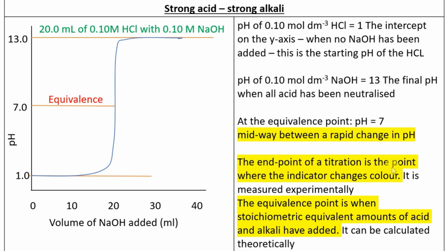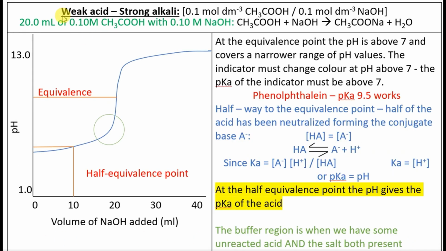The endpoint of a titration is the point where the indicator changes color, and it's measured experimentally. The equivalence point is when stoichiometric equivalent amounts of acid and alkali have been added. It can be calculated theoretically.